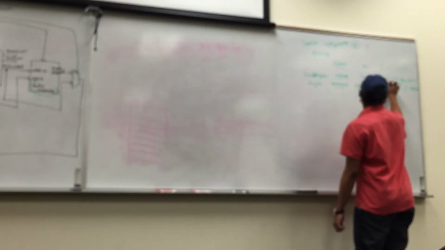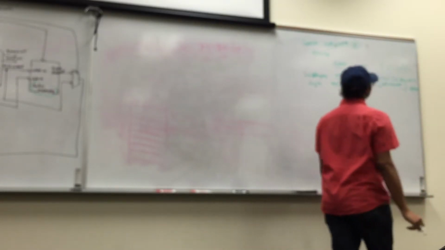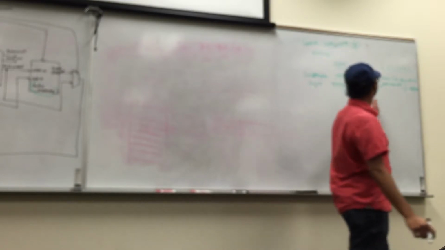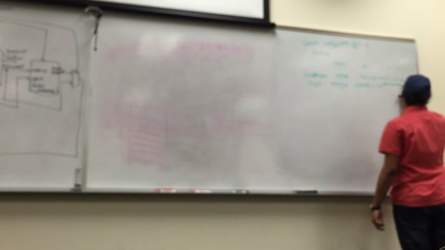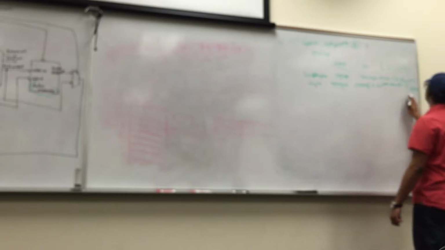VHDL operators, power. Star, yeah. 2 star. Okay, so 0 to 2 star address width minus 1 of reg type.